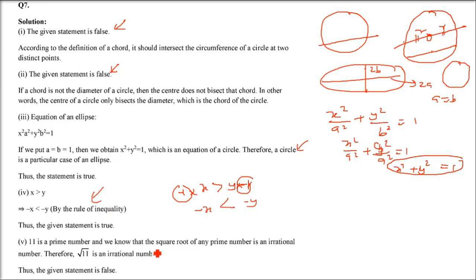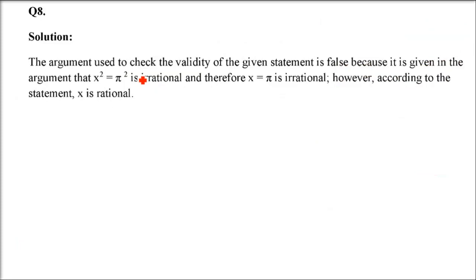So this is correct. Next one is root 11 is a rational number. First thing is 11 is a prime number. Square root of a prime number is always an irrational number. So root 11 cannot be a rational number. It's actually an irrational number because 11 is a prime. So the statement is false.